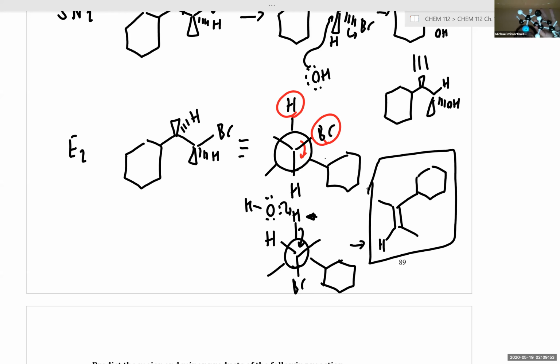Anti-periplanar is another way of putting it. We then look at all of the substituents on the right, which is our methyl and our cyclohexane. All of our substituents on the left are our hydrogen and our methyl group. After elimination, we draw our alkene based on this conformation. So these are the two products that we'd observe from this reaction.